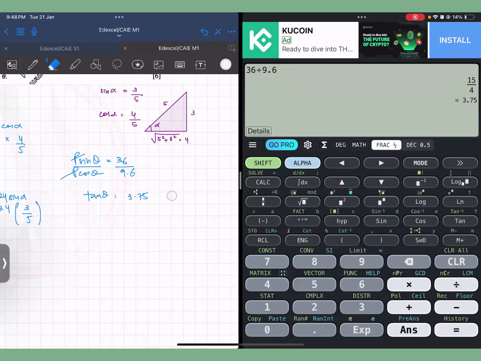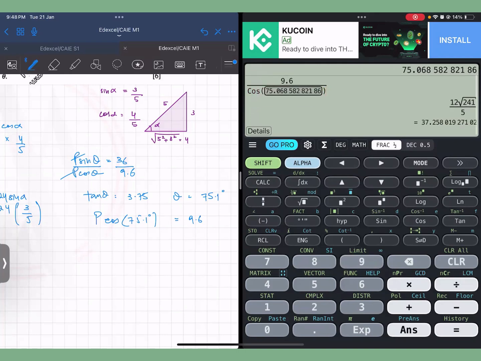So theta comes out to be tan inverse of 3.75, 75.1 degrees. And now your P would be P cos 75.1 is equal to 9.6, so 9.6 divided by cos of the same angle, which is 37.3.